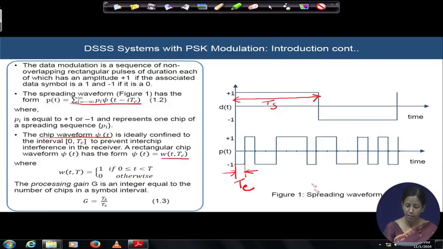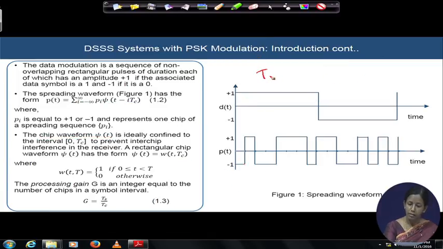The figure here, figure 1, shows the spreading waveform for the rectangular chip only. So, there are two questions coming in between, because one is the relation between this Ts and Tc. What is the meaning coming out from here? See, within the whole symbol duration Ts, Tc is designed intentionally to be much lesser than my Ts.